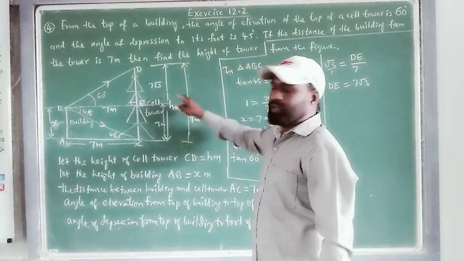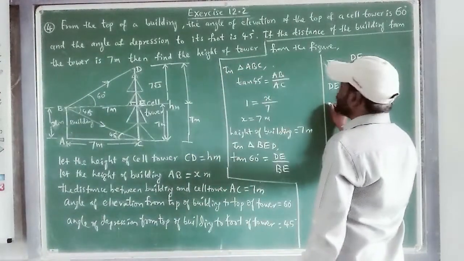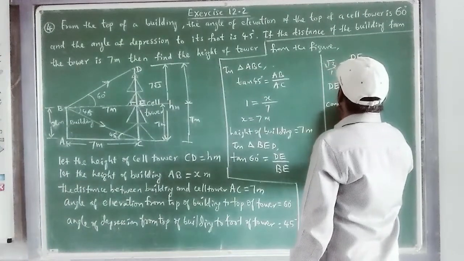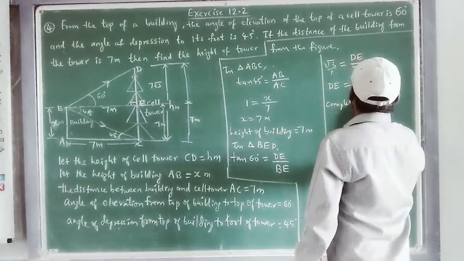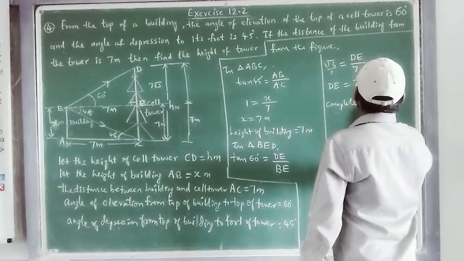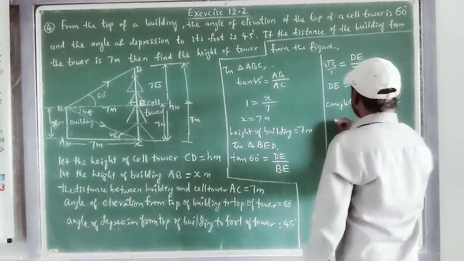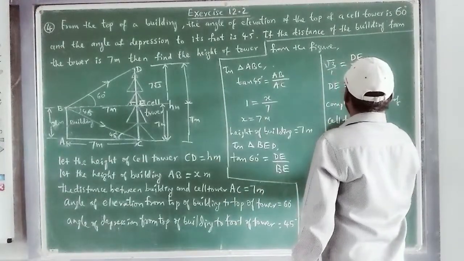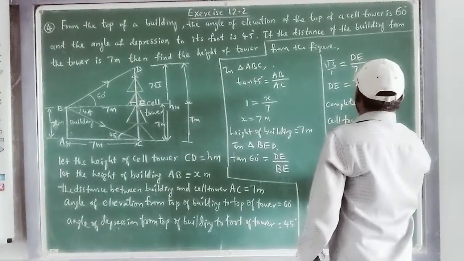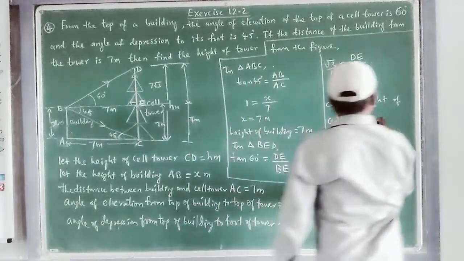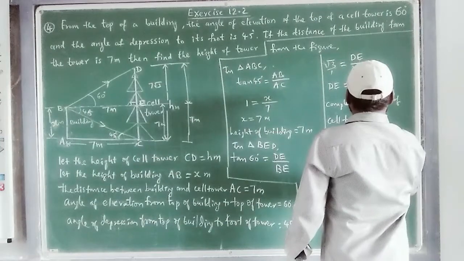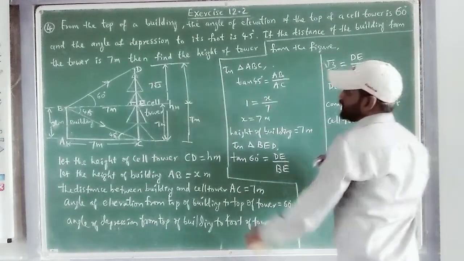Now the complete height we can find out. Complete height of the cell tower, which is actually CD, but CD we cannot find directly.